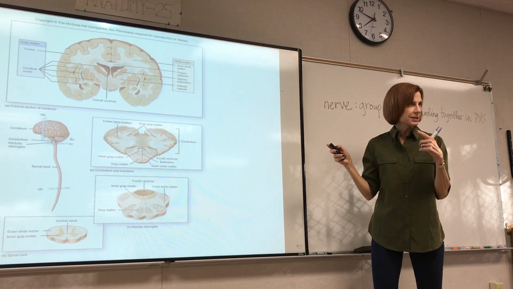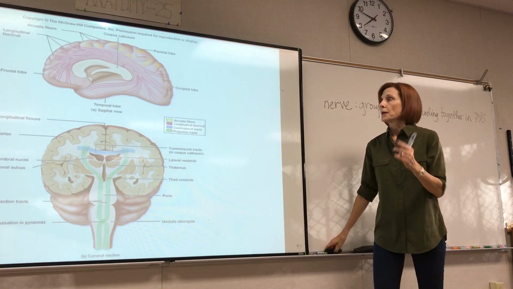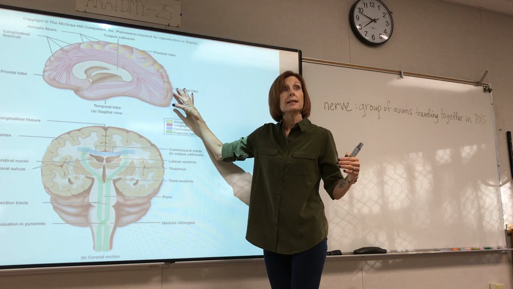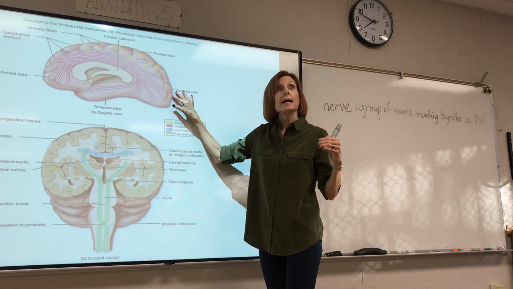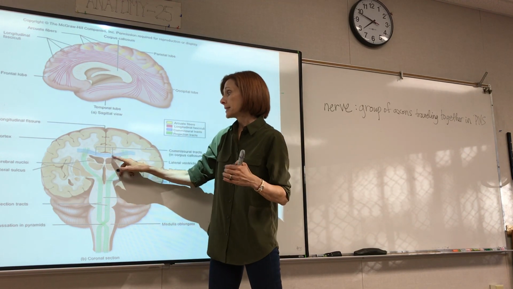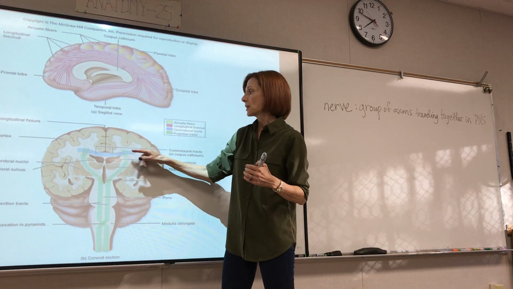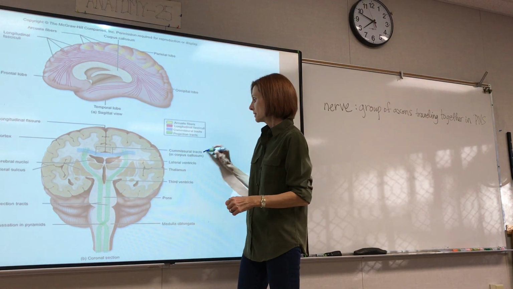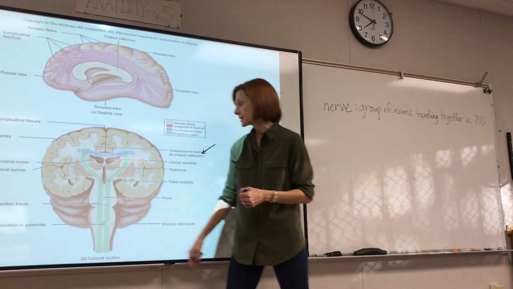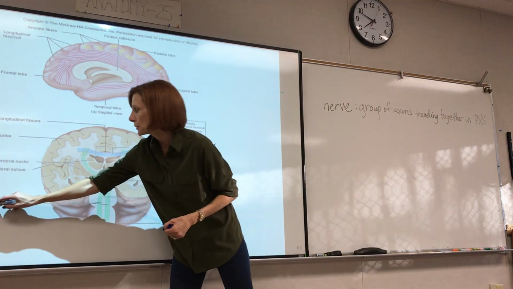Do you guys have any questions before we go on? Okay. Oh, and just coming back one more time to those different tracks. Remember we said that tracks that cross over the midline, shown here in blue, this actually happens to be the corpus callosum, but tracks that cross over the midline are called commissural tracks. Tracks that travel vertically, like these green ones, are called projection tracks, and they are labeled here.